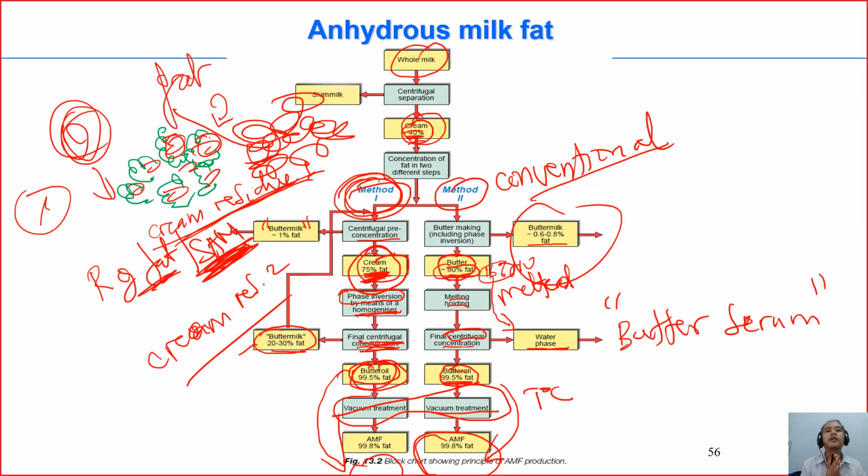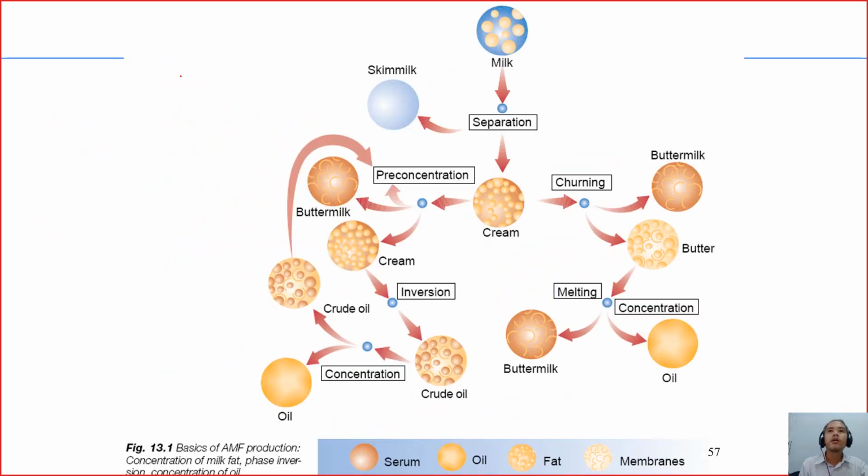So the answer here is because there is not enough surface active material. This is just an illustration. You see here in milk, the fat globules are intact. Now we do centrifugation to have cream. Cream means now we have more fat globules.